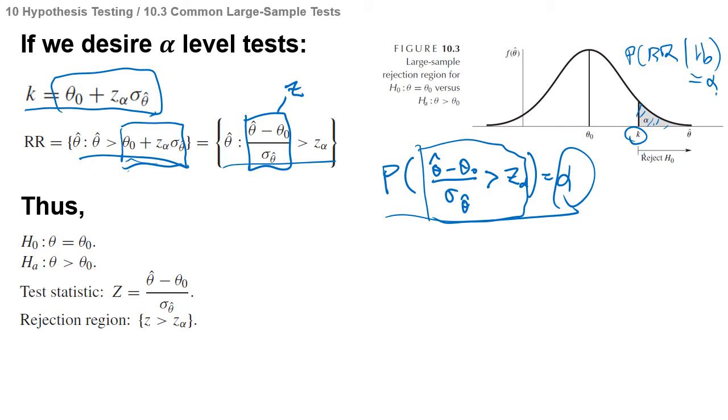So when we are doing tests in this situation, the test statistic is theta hat minus theta 0 divided by sigma theta hat, the standard error of theta hat, and the rejection region can be calculated as Z greater than Z alpha. This is how we derive the alpha level test for the common large sample test situation.